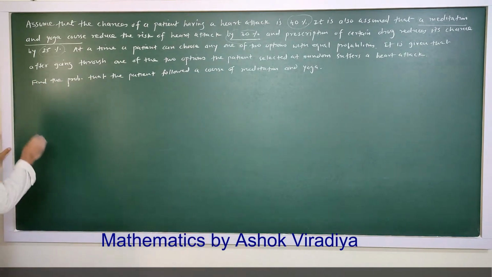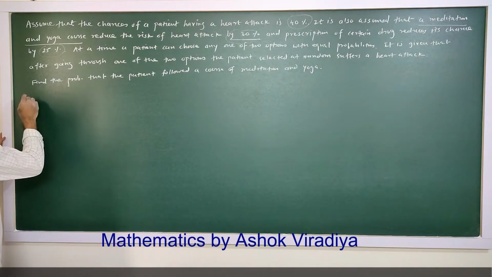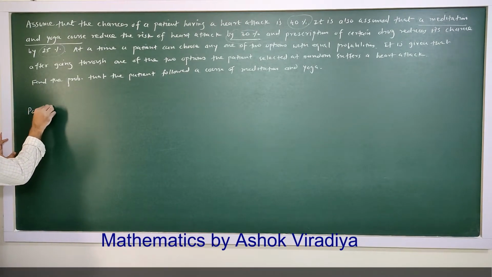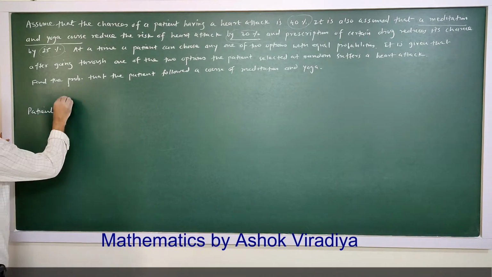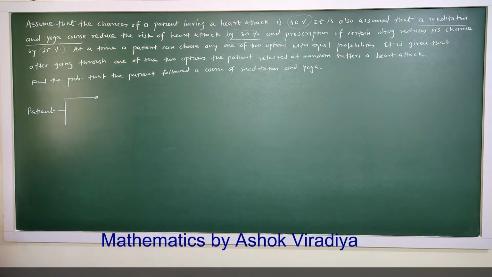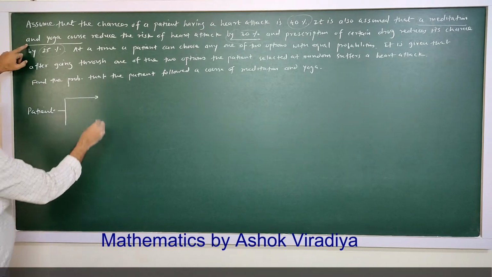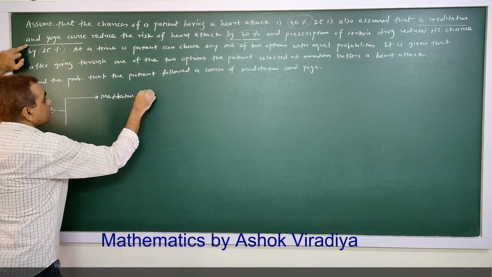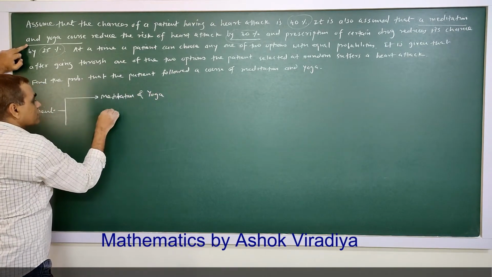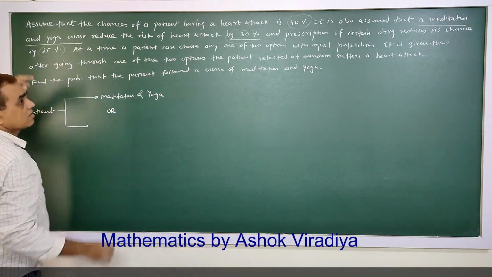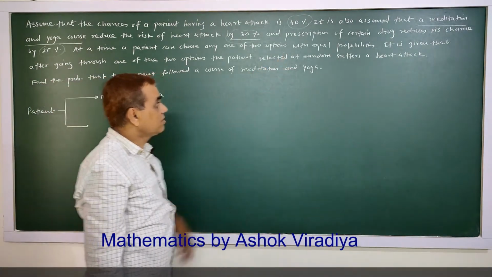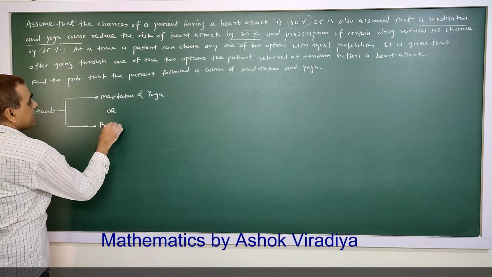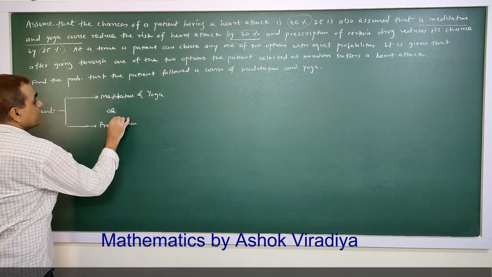So here we suppose a patient chooses any one therapy, that is meditation and yoga, or he chooses prescribed drug. So any one therapy, any one way to reduce heart attack, he is choosing.